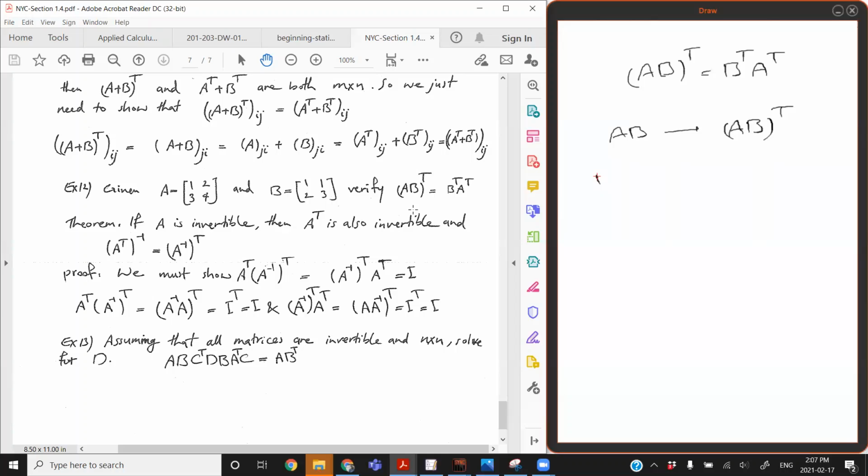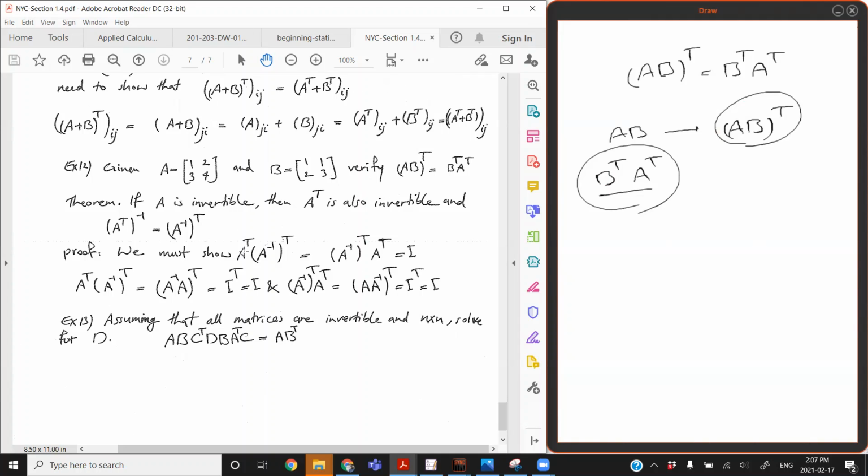Then you calculate B transpose and A transpose, you multiply them, and you're supposed to show that this is the same as this. So it's very easy. I just leave it for you guys to do. Is it clear what example 12 is asking for?